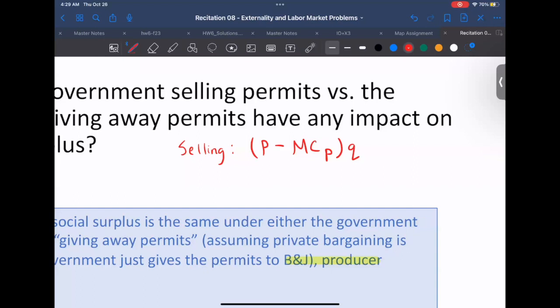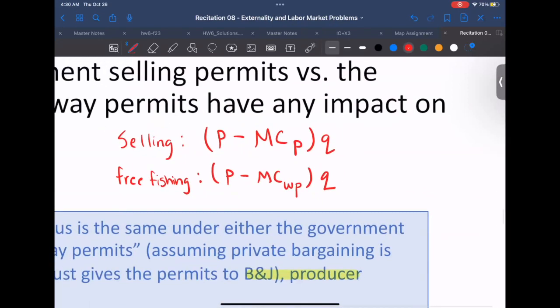If the government just gave it away, or let's just call this free fishing, where they just give the permits away, the profit that Ben and Jerry are going to make is going to be P minus C without permit times Q. And so what I mean by without permit is, let's actually rename this free permit.